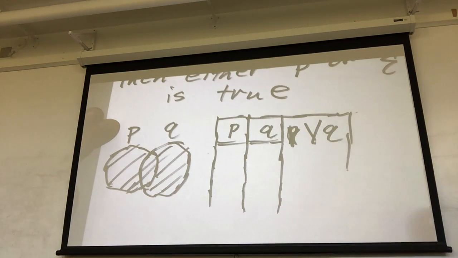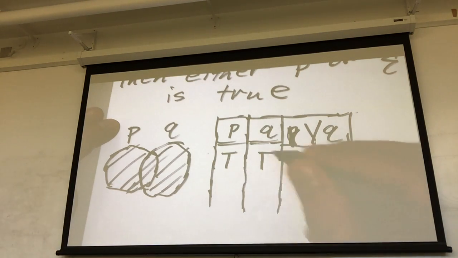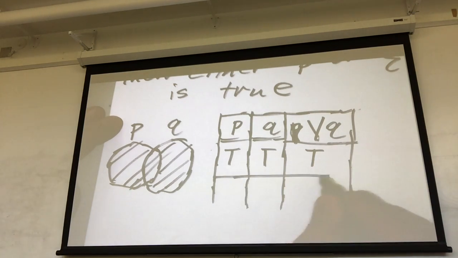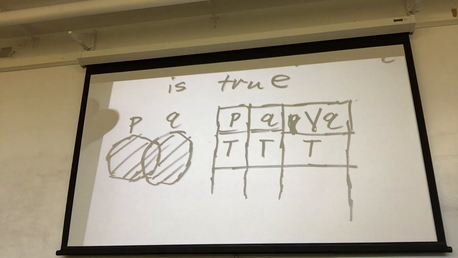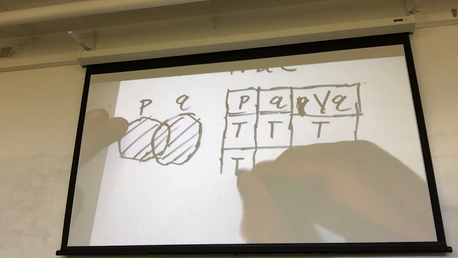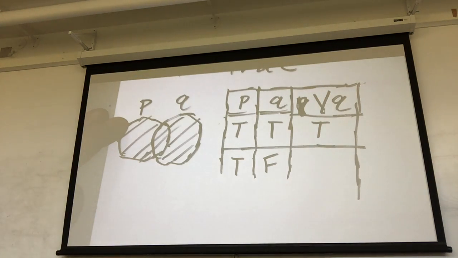I actually have a tendency to do that a lot. Okay, so if P is true and Q is true, what would we end up with? We would end up with them being in that intersection of the truthful statement. And so, well, that's true. Okay? Now, if we talk about, let's say P is true, Q is false, well, either of them can be true, so that is true.